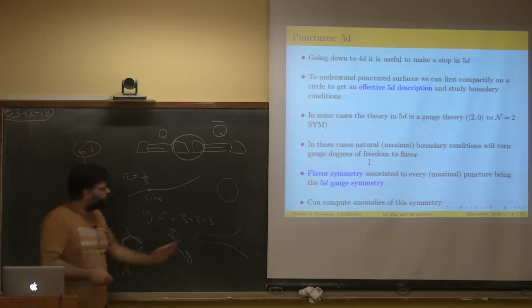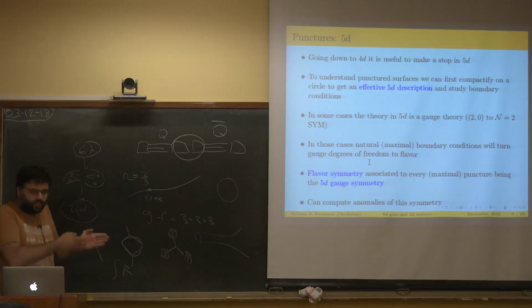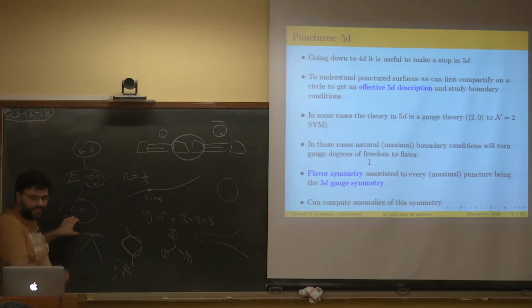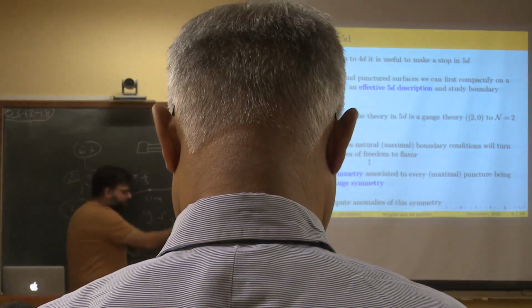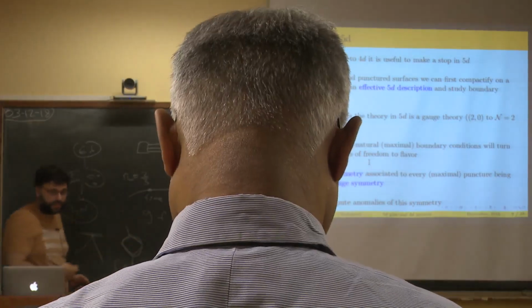And the claim is that when you have such a gauge theory description, you can understand what punctures are. You start with an infinite cylinder, just compactify on a circle, but then you make a puncture. You cut the cylinder at some point. You have a boundary, and then you need to specify boundary conditions at that boundary.